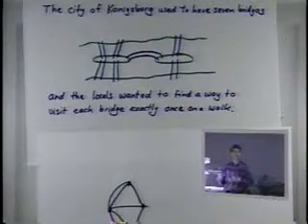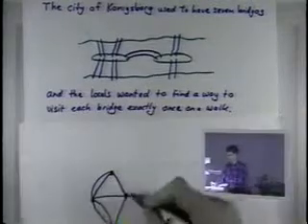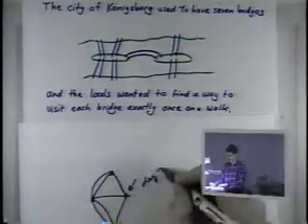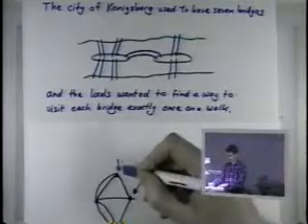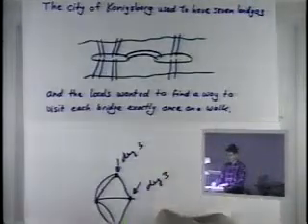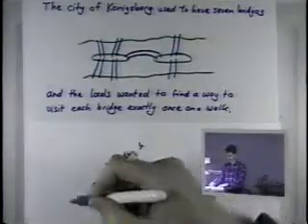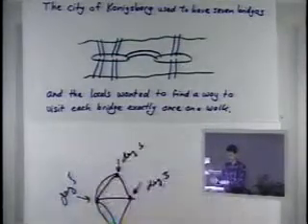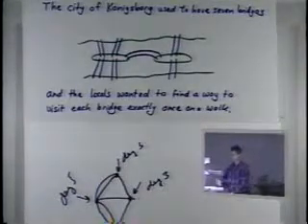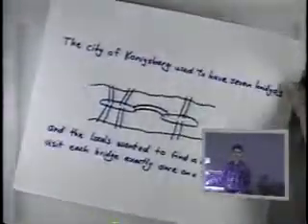And now we see that this graph is not Eulerian, because this has degree 3, and this has degree 3, and this node has degree 3, and this node has degree 5. So Euler already showed that this task is impossible because the graph is not Eulerian.